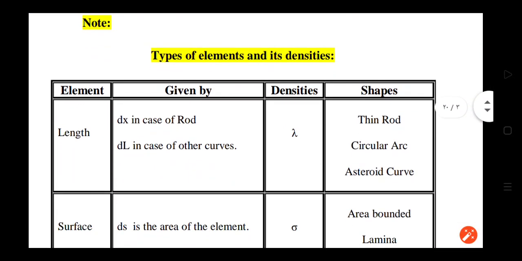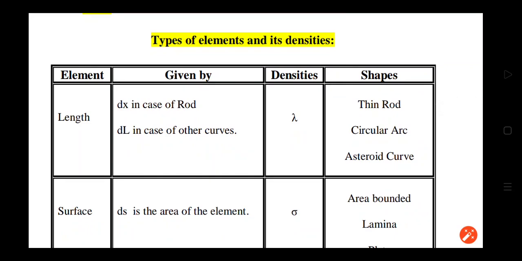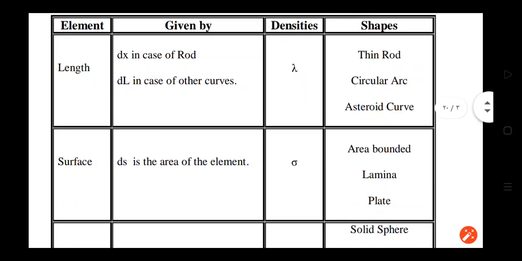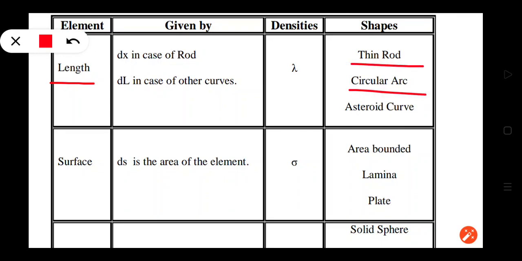Note, now we should know the types of elements and their densities. If we take an element which is a length element, in shapes like a rod, circular arc or straight curve, then its density is lambda.